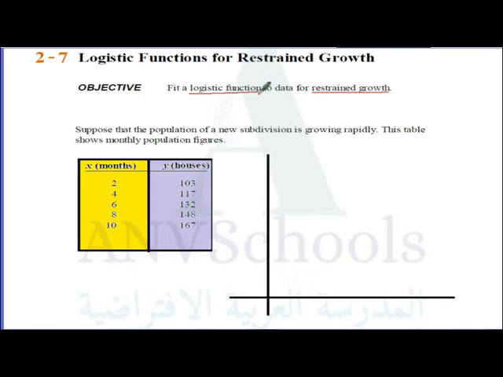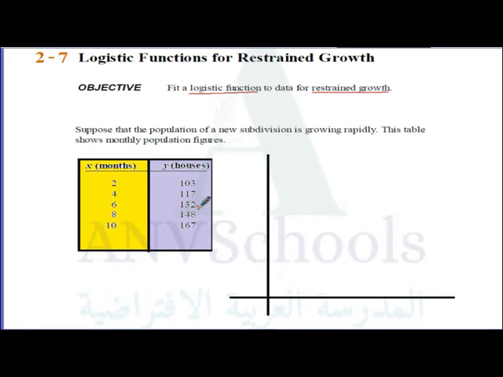So for the first 2 months, you have 103 houses in the subdivision. After 2 months have passed, there are 117 houses. After 2 more months, now it's the 6th month, the number of houses increased up to 132.